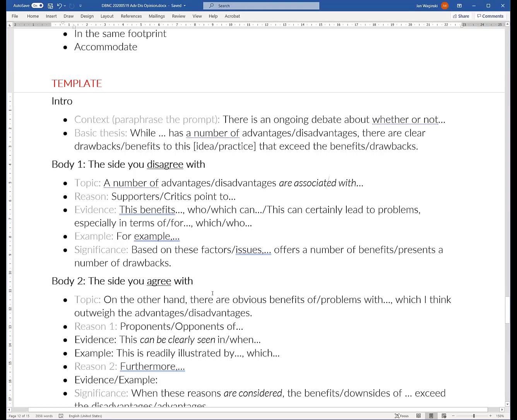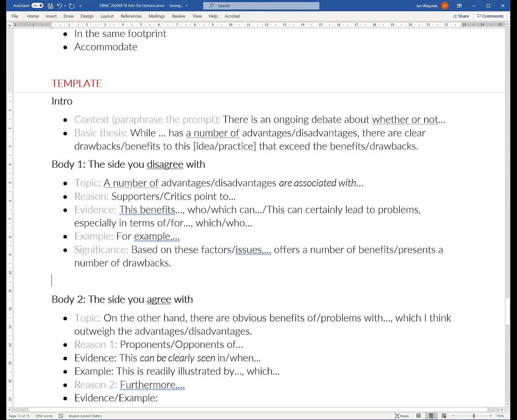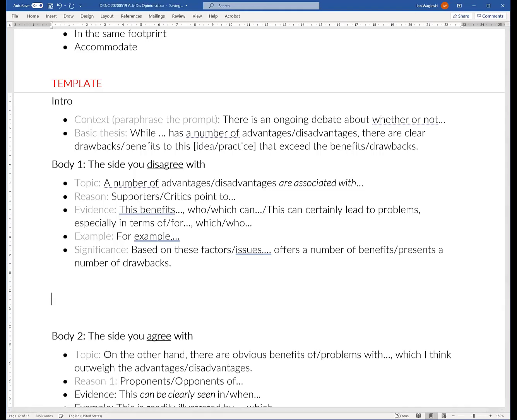Like in my homework, I said there are numerous advantages of this. Like if I said it in the first paragraph, I cannot use transitional.